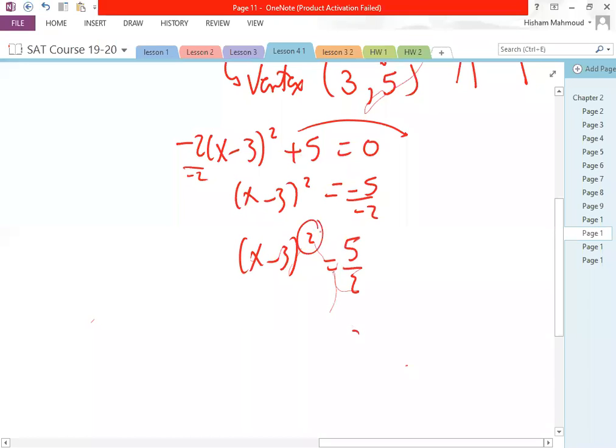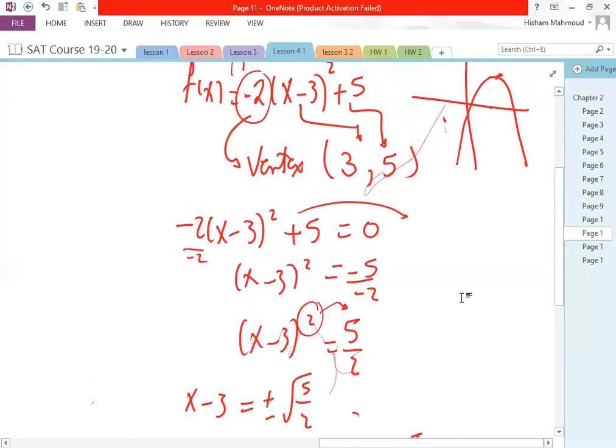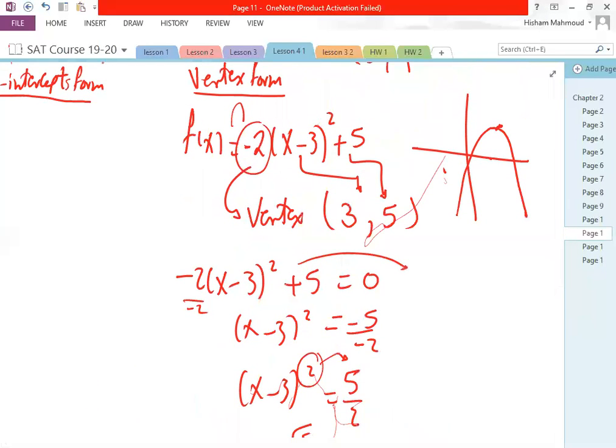This power of 2 moves to the other side as a root, positive and negative root of 5 over 2. So x is equal to root 5 over 2 plus 3, or x is equal to negative root 5 over 2 plus 3. These are the x-intercepts, and this is how to solve quadratic functions in the vertex form.